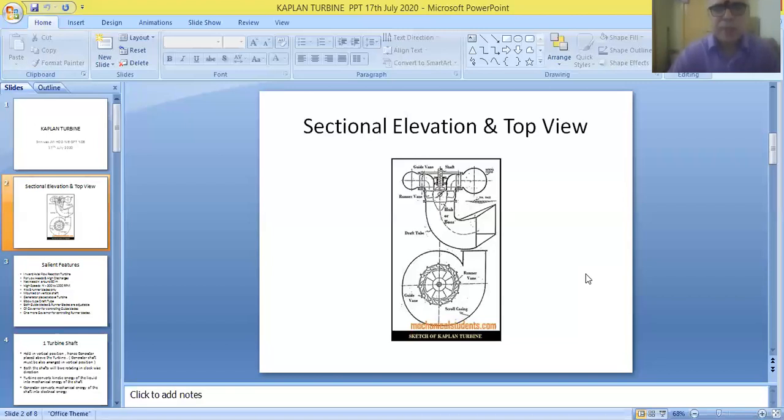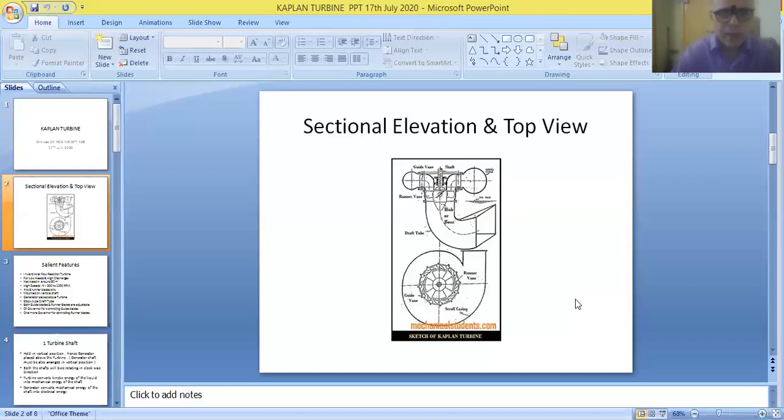This top view is used for explaining all the components of the KAPLAN turbine. And the draft tube is fitted below the runner, so it will not be visible in the top view of the turbine.